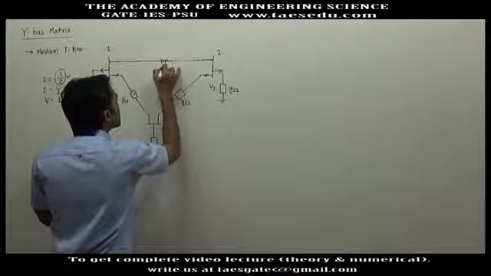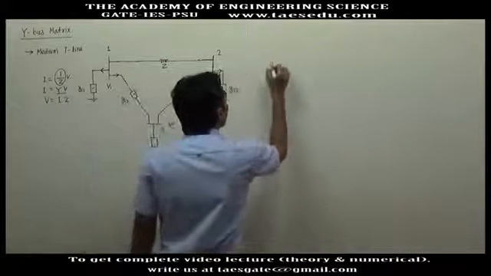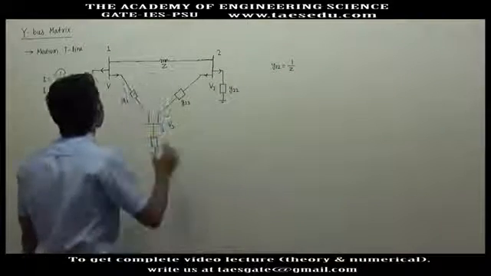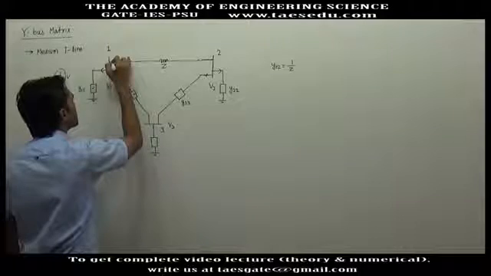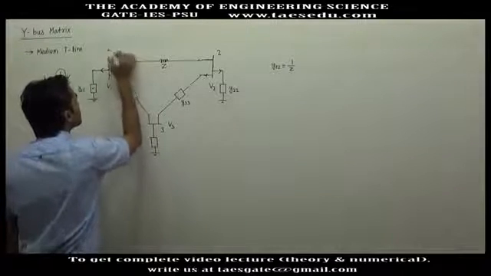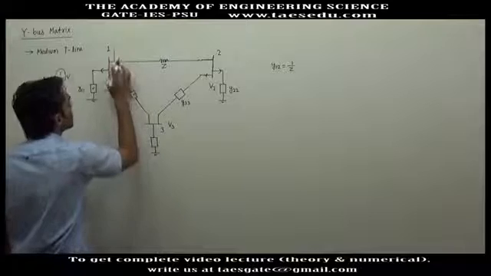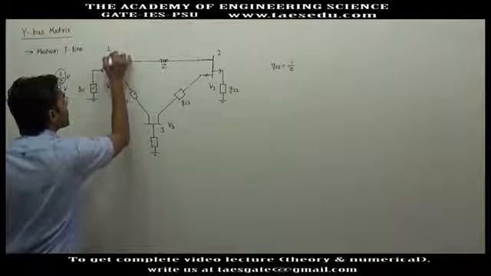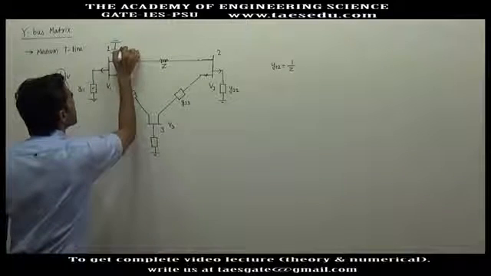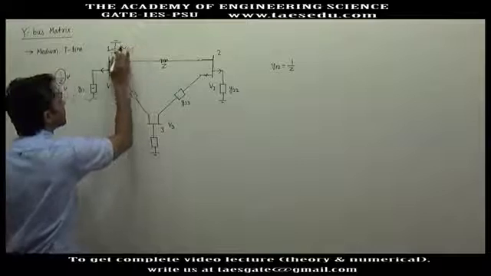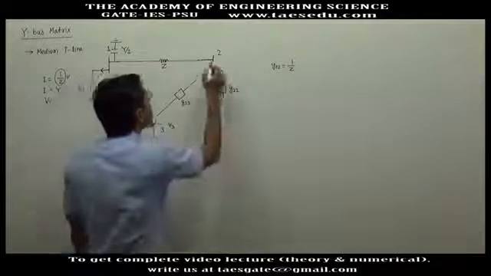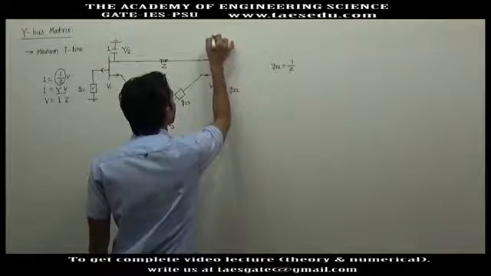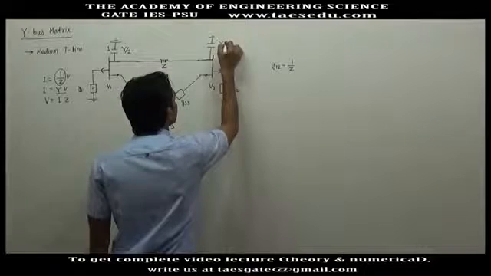This will be Z, and we will say Y12 is 1 upon Z. And the shunt part of the medium transmission line is connected at the extreme ends. So this will be Y by 2, the admittance of the transmission line, and here also this is Y by 2.